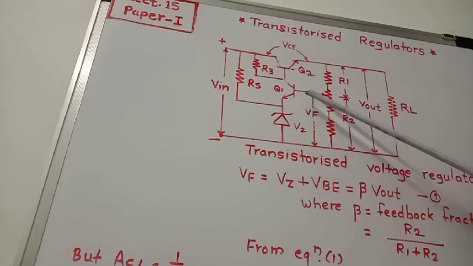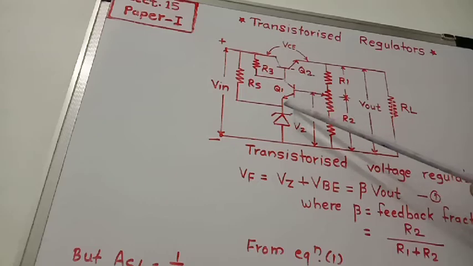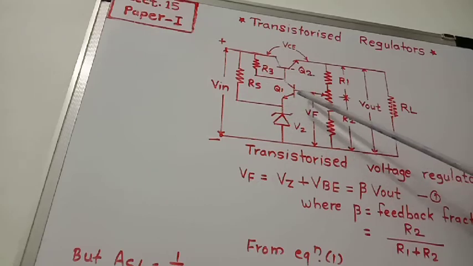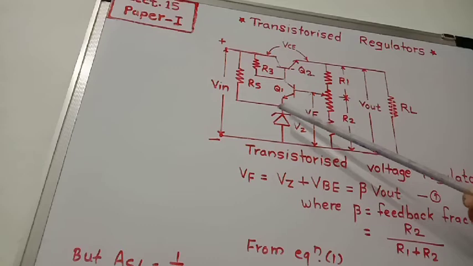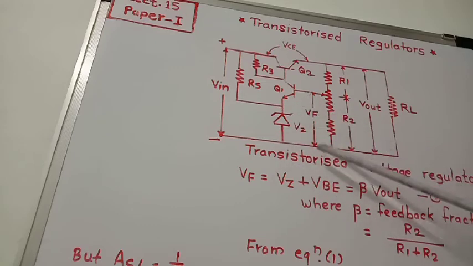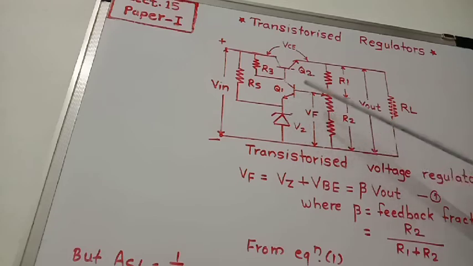Okay, now here the feedback voltage Vf is given by the equation Vf is equal to Vz plus Vbe, that is voltage between base and emitter of Q1. This Vf is divided in two portions across two sections.